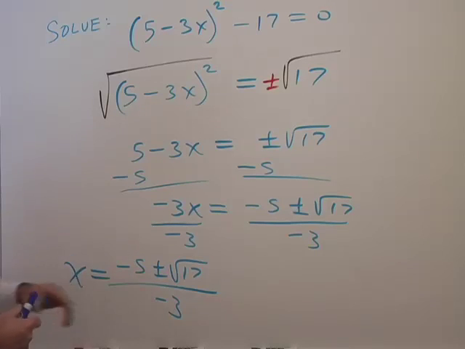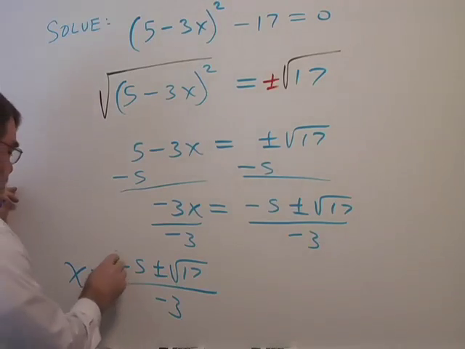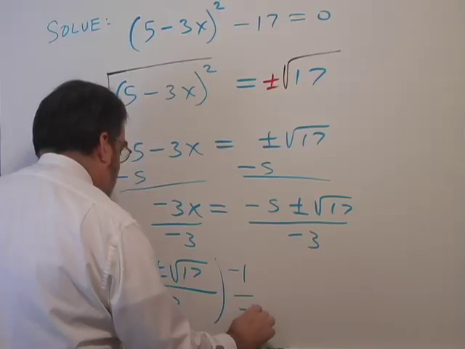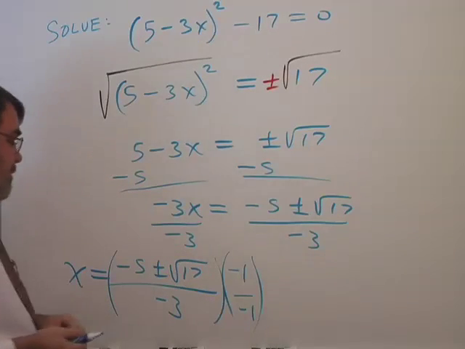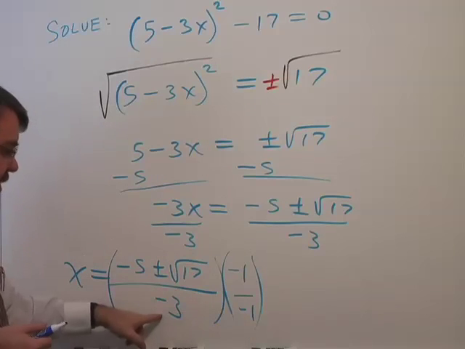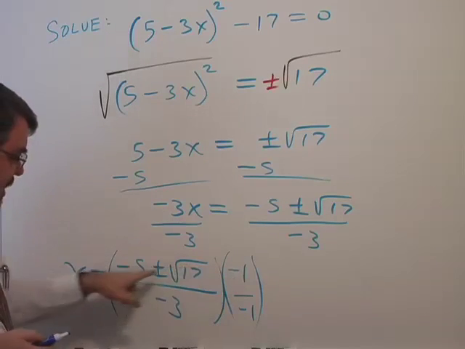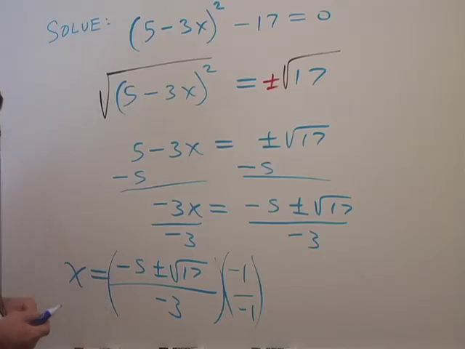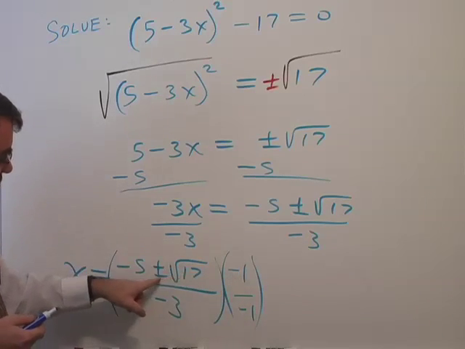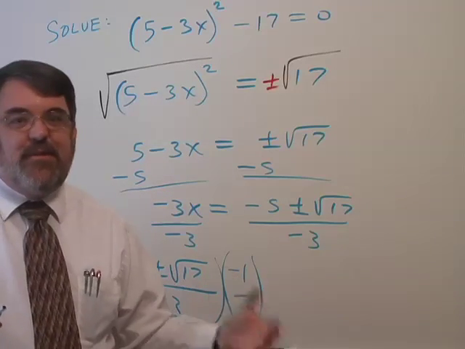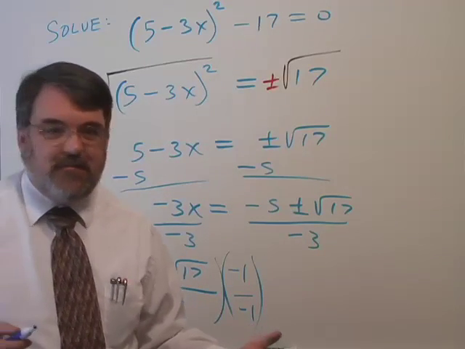This is actually pretty good as an answer, but I'm going to multiply top and bottom by negative 1. And that will give me a positive 3 here. When I multiply negative 1 times negative 5, I'll get positive 5. But here's the funny part. When I multiply negative 1 times plus or minus the square root of 17, I'll still get plus or minus the square root of 17.